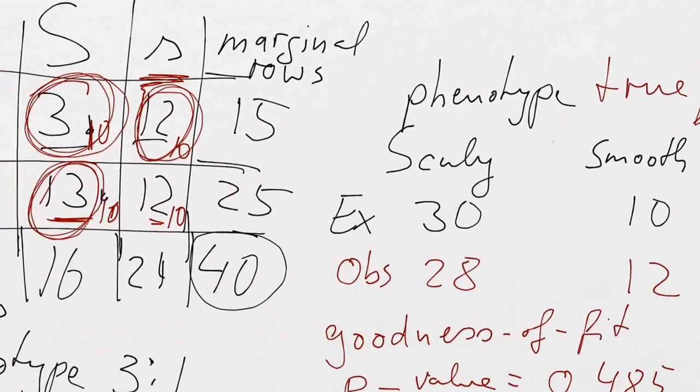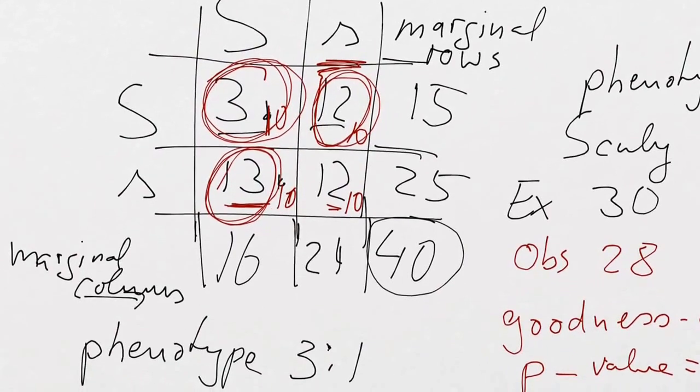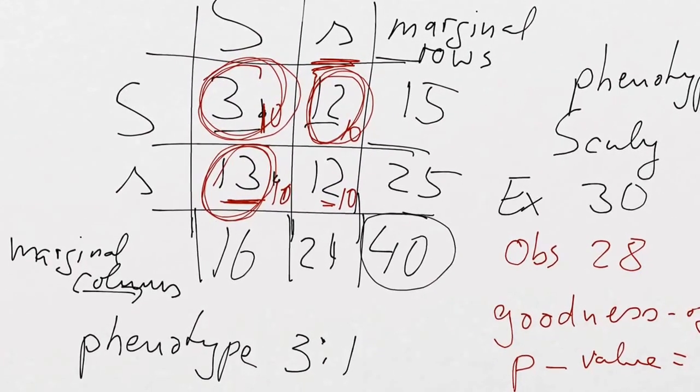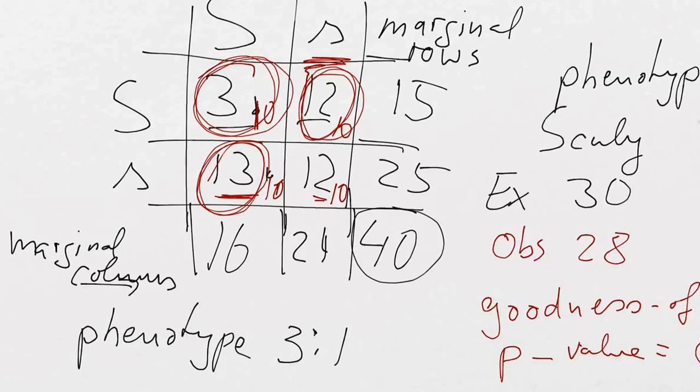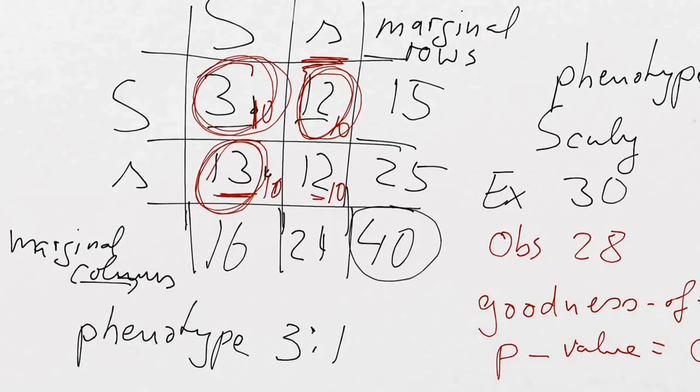Now, what about, well, let me go back to that. What about the genotype? For that last question, what was the null hypothesis? The null hypothesis is always, null means no difference.